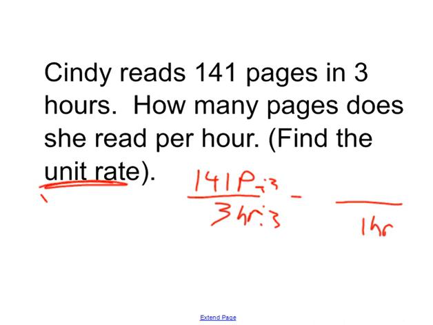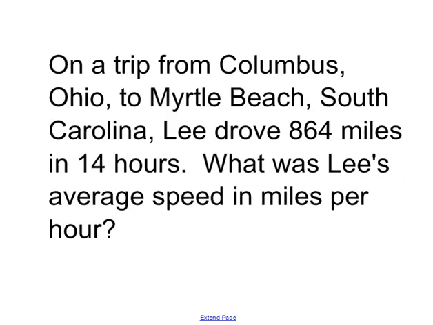Whatever I do to the numerator, I have to do to the denominator. Of course, 3 hours divided by 3 is 1 hour. And 141, I'm going to jump into my calculator here. 141 divided by 3 hours would tell me 47 pages per hour. 47 pages per hour. So that's her rate, unit rate.